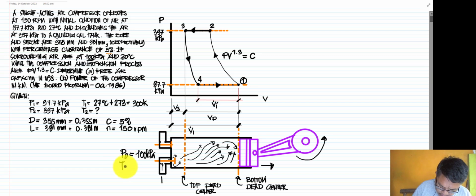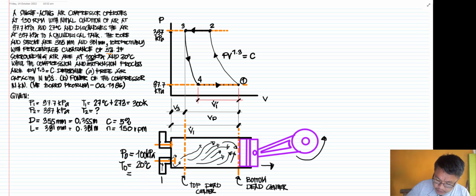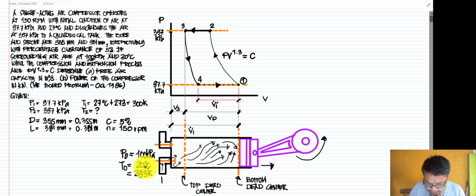Since it is outside, the temperature is 20 degrees Celsius. We add 273 to make it absolute. So 20 degrees plus 273 equals 293 Kelvin for our temperature outside.